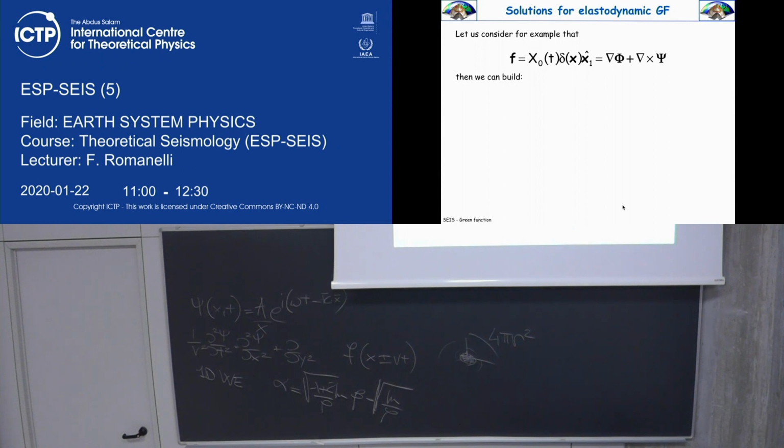Okay, now let's imagine that F is a specific force. For example, it's a delta in space, so it's a point in the origin. It has some time function. You have seen that for linear problems, the time function is not important. It could be a delta, it could be a singular.